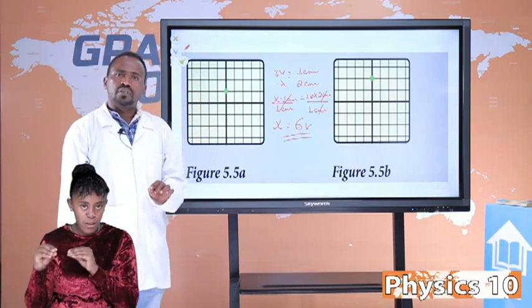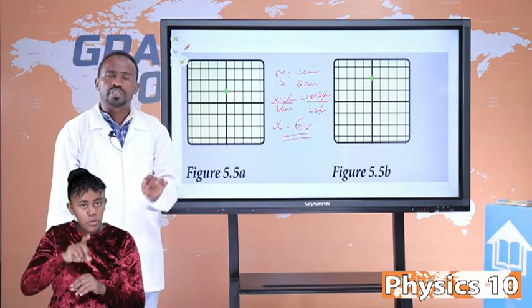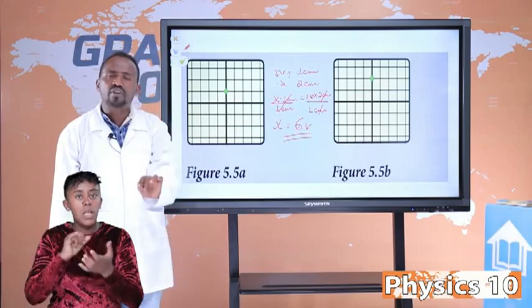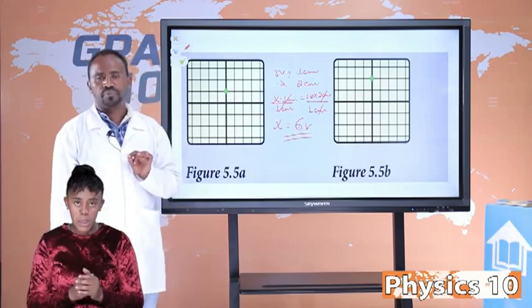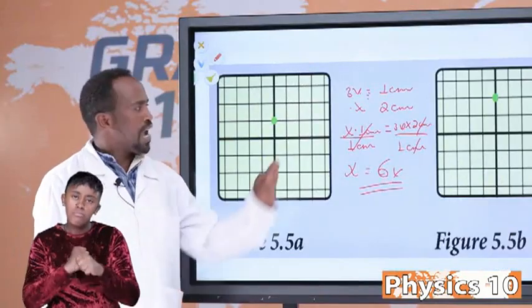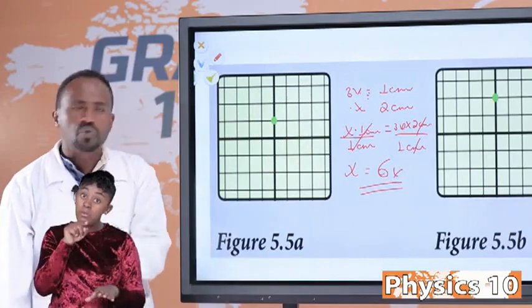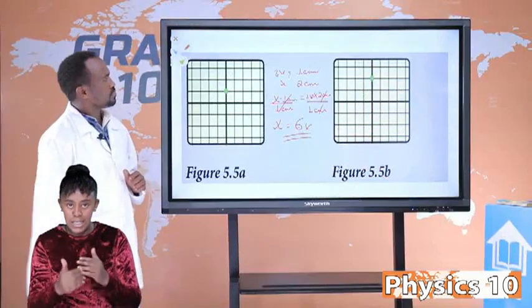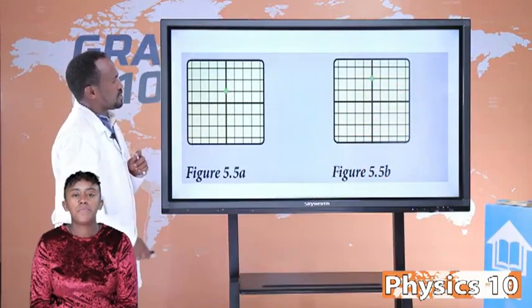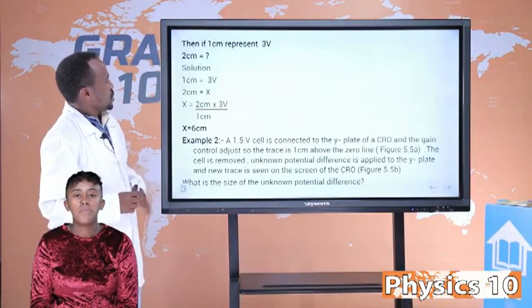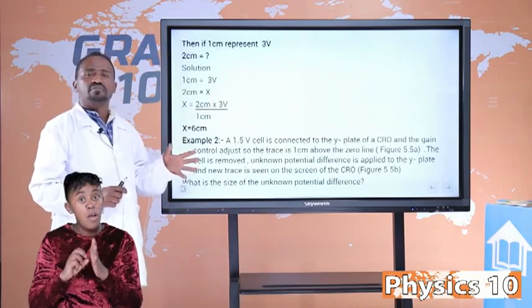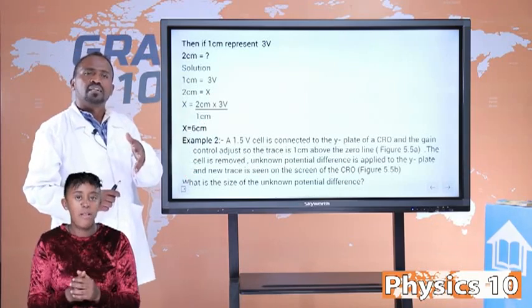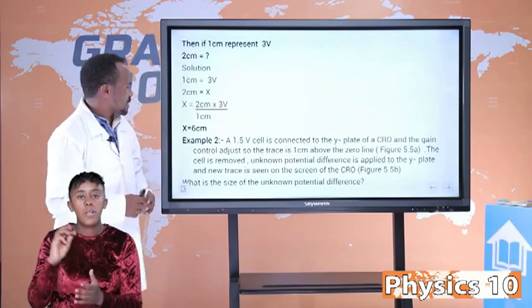Students, you have to do the problem that is given in your exercise book. Do the other problems; I did one for you. Let us jump to the next. So this is how to find the value of the unknown potential that deflected the spot by 2 centimeters.